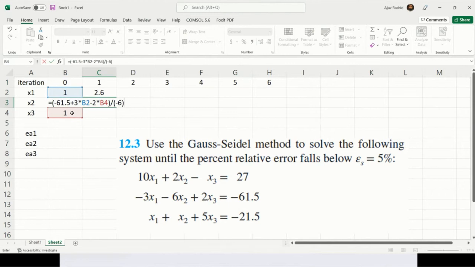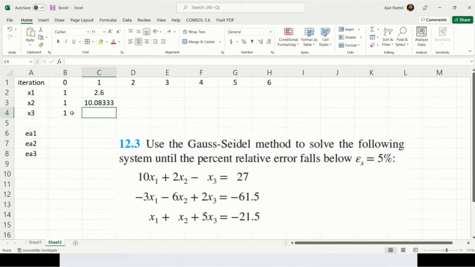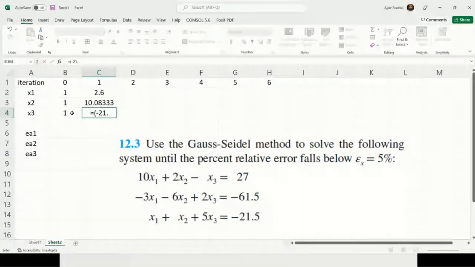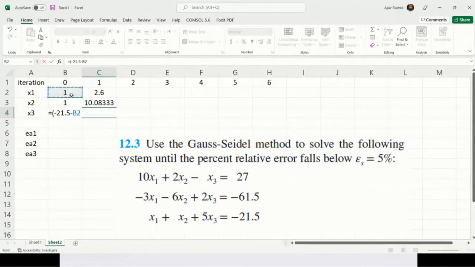Something students make a mistake on is forgetting the sign of the coefficient. Then x3 is minus 21.5 minus x1 minus x2, divided by 5.